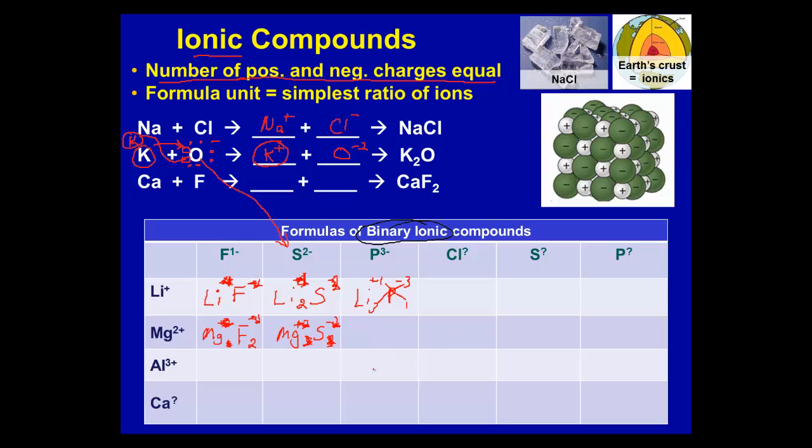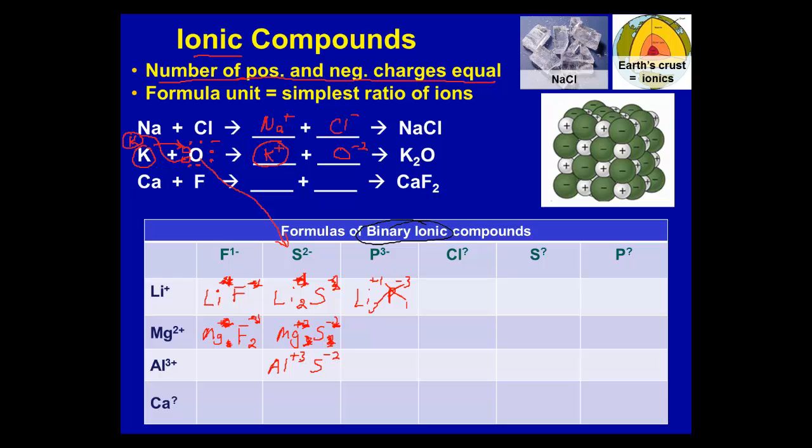Let's try something really, really tough, shall we? Let's try aluminum with sulfur. Al. It has 3 valence electrons, so it throws away 3 if it's in the presence of something that wants electrons. So sulfur takes a couple of those electrons, -2. But you can see that the charges aren't equal here.